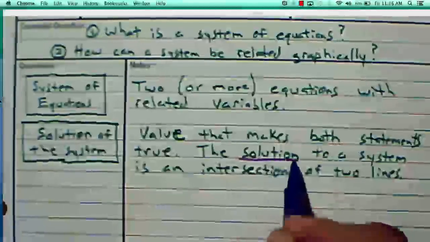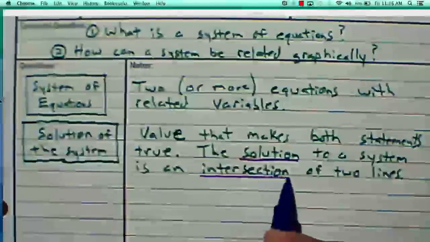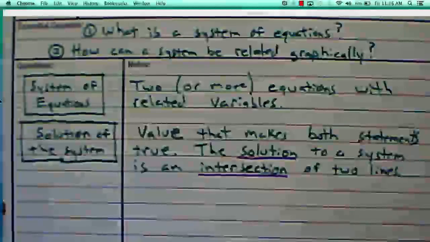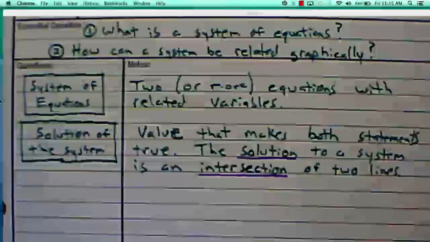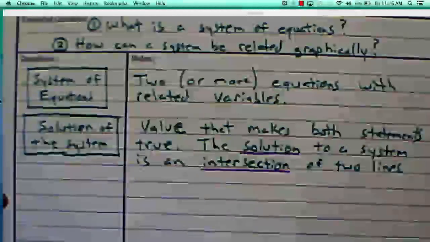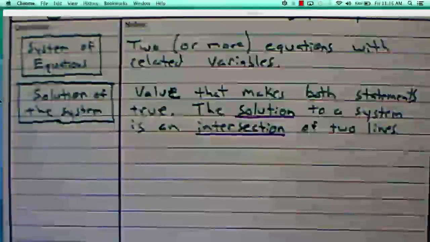The solution is an intersection. In this video we'll be looking at the graphic representation of a system, so therefore our solution is going to be an intersection.